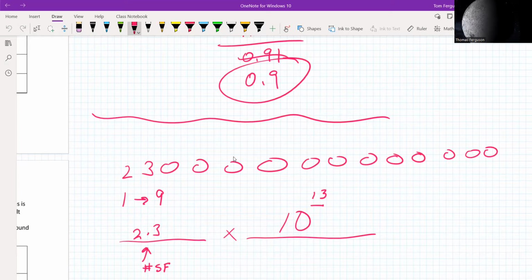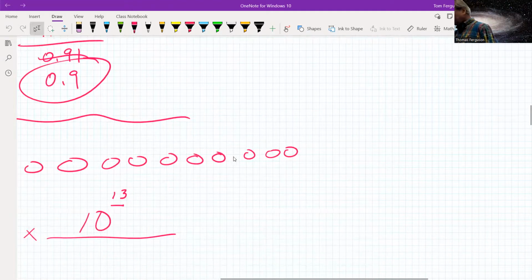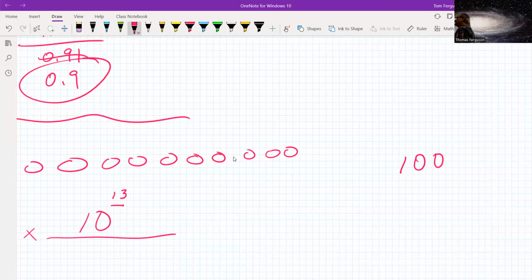Is there a decimal point in the number I just gave you? No decimal point, so the zeros don't count at the end.